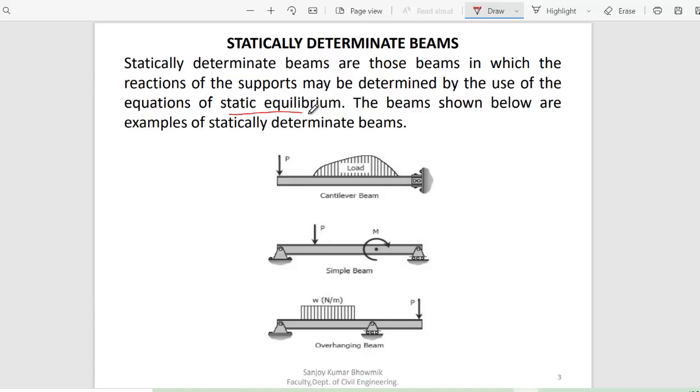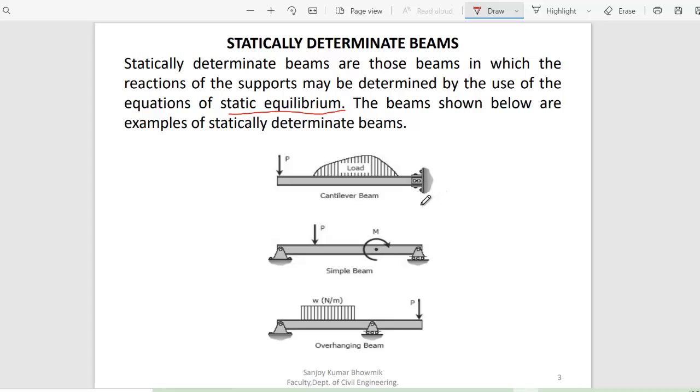You know the equations of static equilibrium: summation of Fx, summation of Fy, and summation of moment. These three equations you have. By using these three equations, if you can determine the unknowns of a beam, then you will call it determinate.